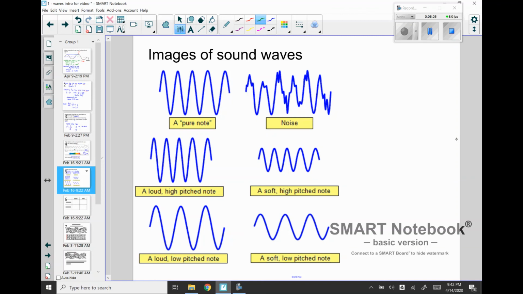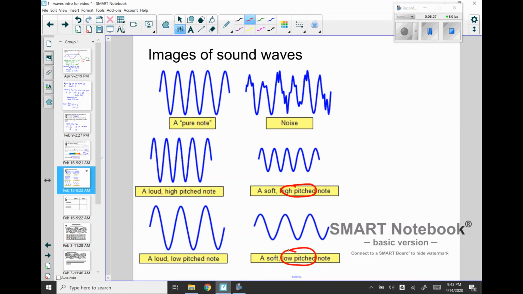Okay, so we're looking at what these different properties, amplitude and frequency, mean about sound waves. From the top row to the bottom row, we're looking at the difference between a high pitch and a low pitch. That would be what note it sounds like.